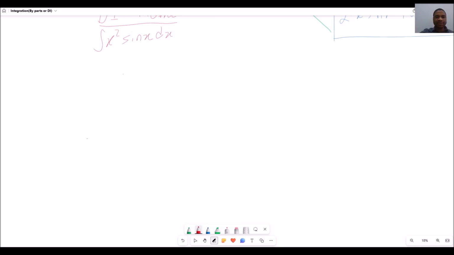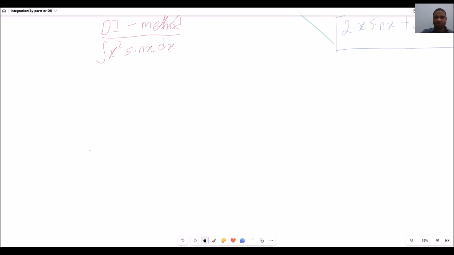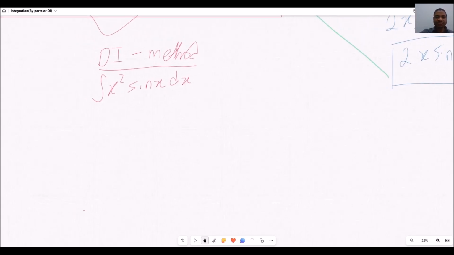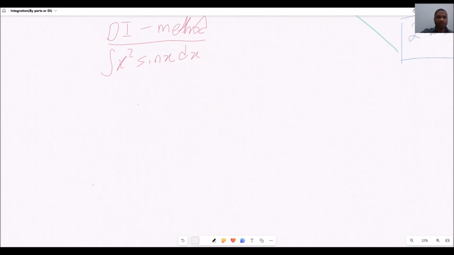The DI method is just differentiation and integration. So this is differentiation, this is integration. This is x squared, this is sine x.